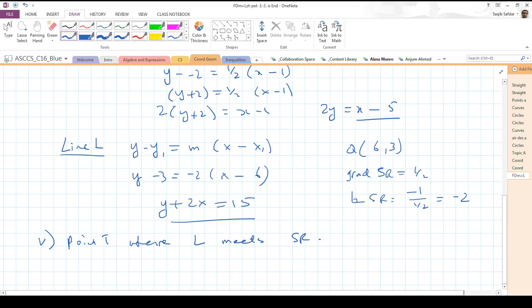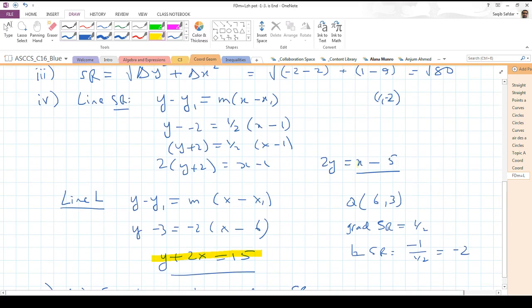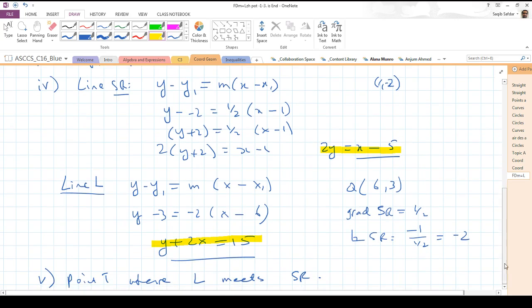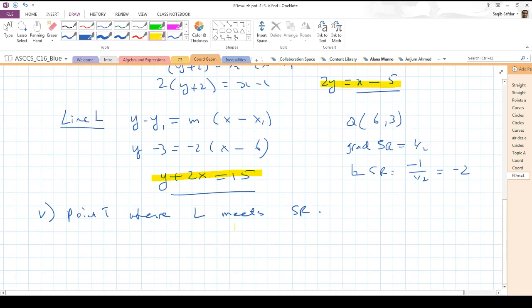Right, line L is this equation here, and the line SR is this equation here, correct? And we're saying we want to find the point where they meet, and the point where they meet is called point T. That's what the question's asking. Right. Guess what it's going to be?